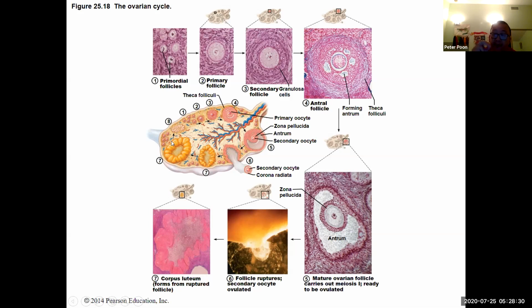Now, if there's no pregnancy, the corpus luteum eventually dies. If the corpus luteum dies, there's no more progesterone being released. When there's no more progesterone, the uterus starts to contract and you shed the uterine lining, and then the whole cycle starts all over again.